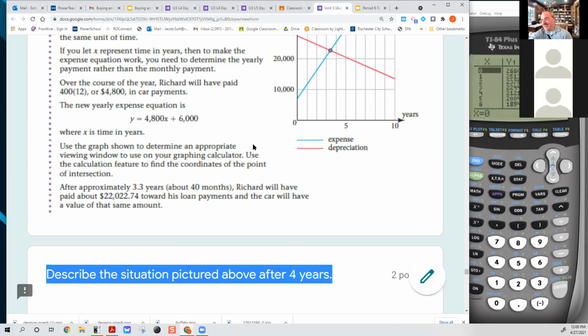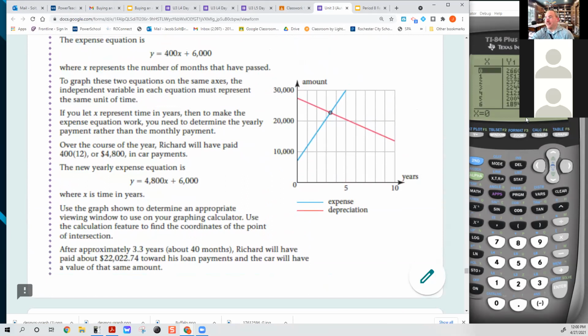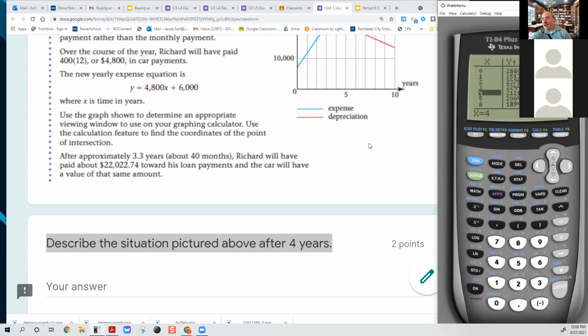Oh, okay. Well, if I have these two things graphed in my calculator, I can go to year 4. The x's are years. I can say at year 4, the car will have depreciated to $21,213, and there would be $2,200 of expenses at 4 years.